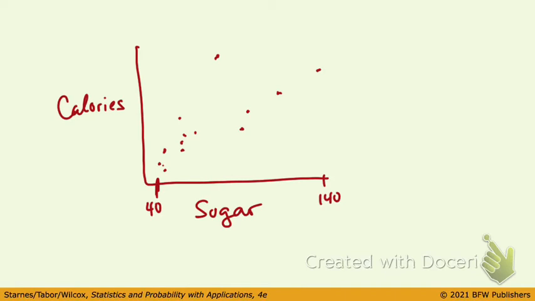If I want to throw in some extra little tick marks, I totally can do that. I can do the middle one, right? So what's halfway between 40 and 140? 90? Yep. So I could throw that in there. There's an extra little scale, right? So that's all you have to do. You don't have to get crazy, okay?